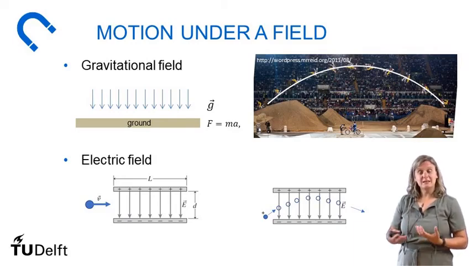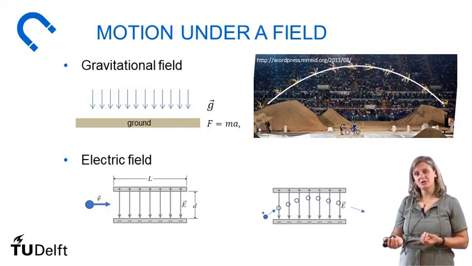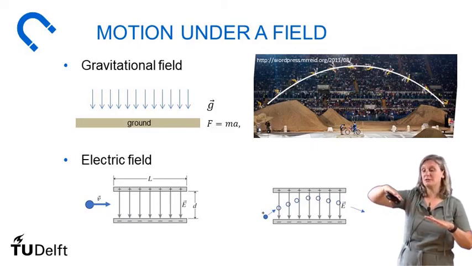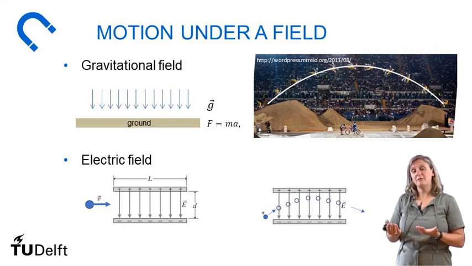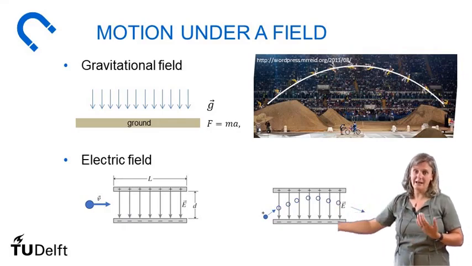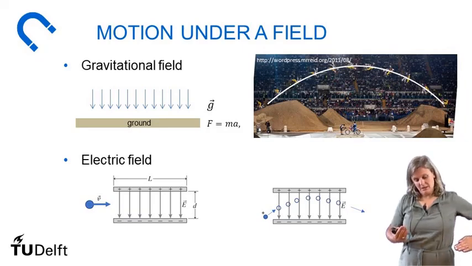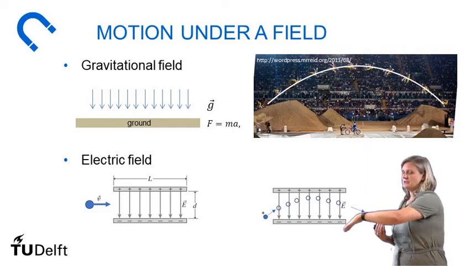To take this analogy a little bit further, if I have a motocrosser who drives over a ramp, the conservation of impulse would say he would go in that direction forever. However, because of the gravitational force, he will go down and land a little bit further, which is the same for a positive charge going into an electric field. If it is injected at an angle in a field, it will get deflected and go out at another angle.